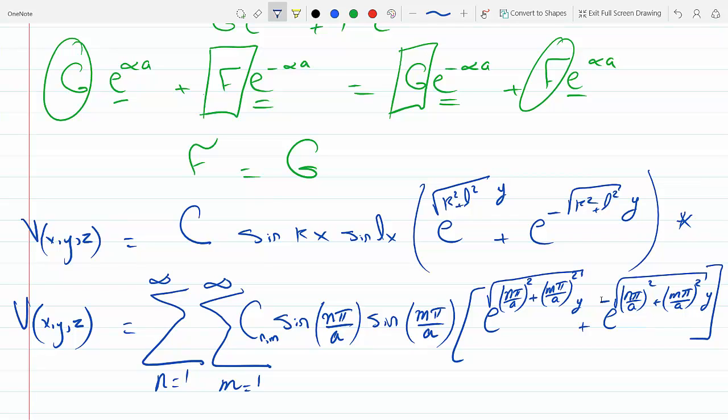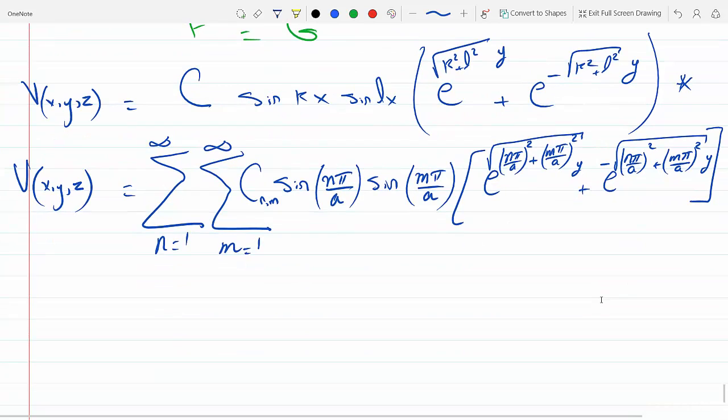And now the question becomes, how do I get those coefficients out of that series and evaluate them? How do I find what these c n m's are? I do that by imposing one of the last two boundary conditions. They both told us that the coefficients have to be the same, so we could use either one.